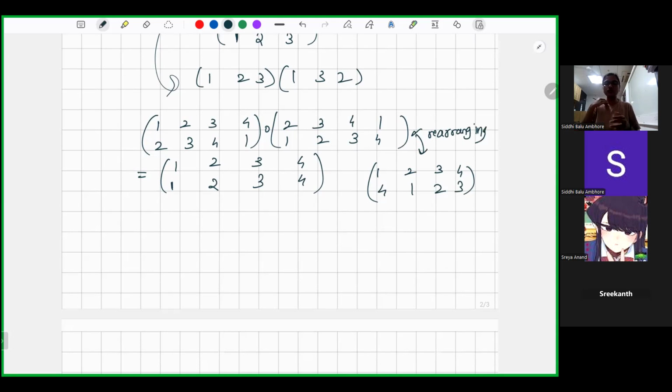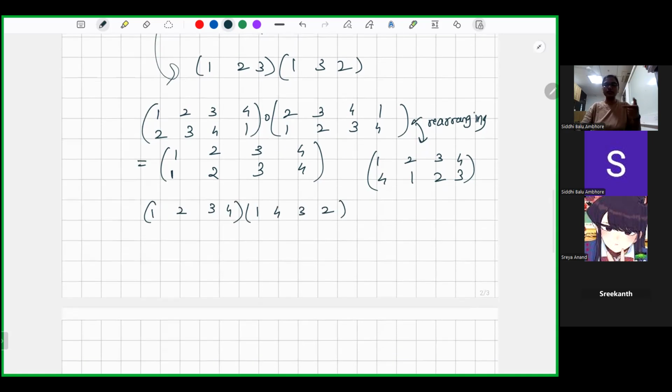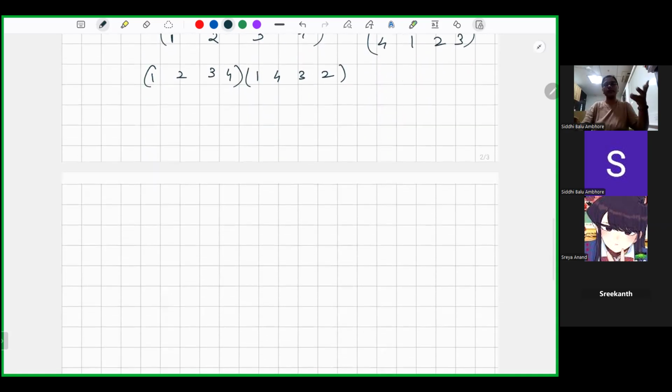Rearranging this too. And if you see the cycle, it was this cycle 1, 2, 3, 4, and here I got this cycle 1, 4, 3, 2. Okay, so in general, we can also check for a 5-cycle, and you can check that for any cycle of the form A, B, C, D, whatever.